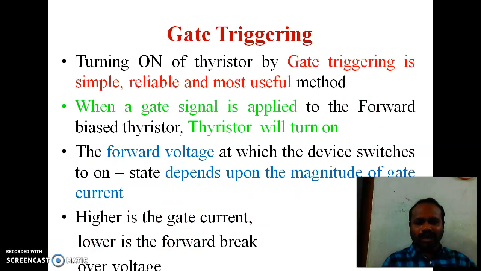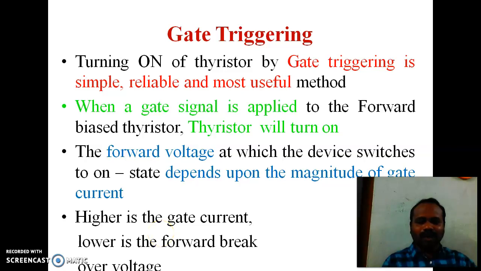Next one, gate triggering. Turning on of a thyristor by gate triggering is a simple, reliable and most useful method. When a gate signal is applied to the forward biased thyristor, the thyristor will turn on. The forward voltage at which the device switches to on state depends upon the magnitude of the gate current.